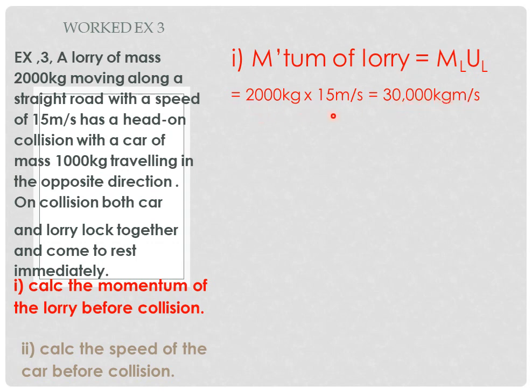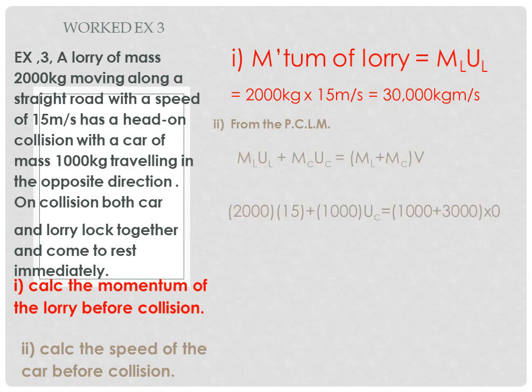Mass times speed. Remember, this is the initial speed before collision, and it gives this. Now, we have to calculate the speed of the car before collision.